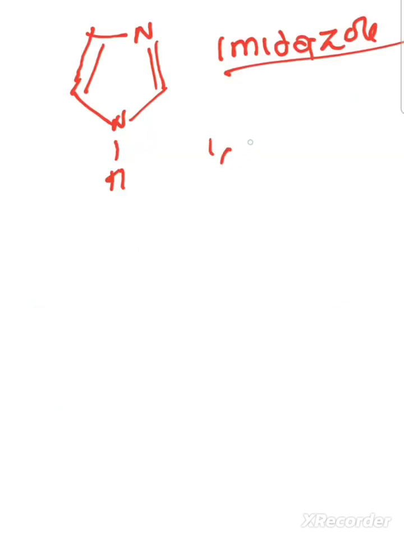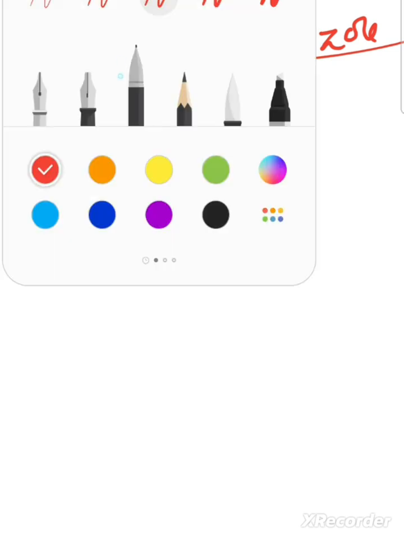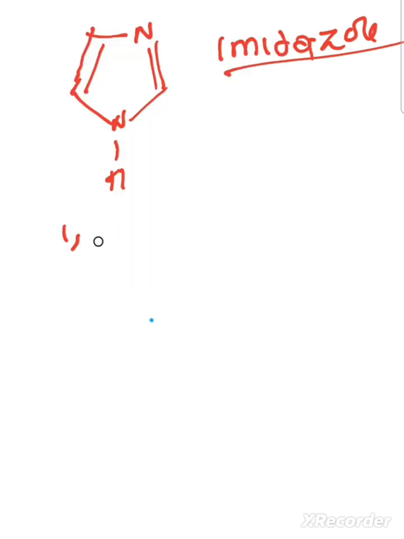This one is 1,3. So when you're naming, you can say 1,3 because you start counting from here: this is position 1, position 2, position 3, position 4, position 5. You move to where you find the nitrogen near. So this one is position 1 and 3.